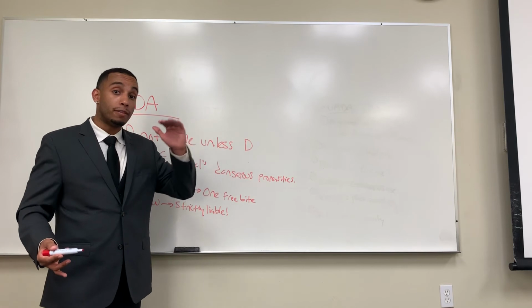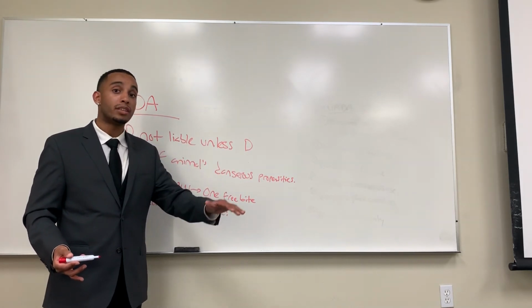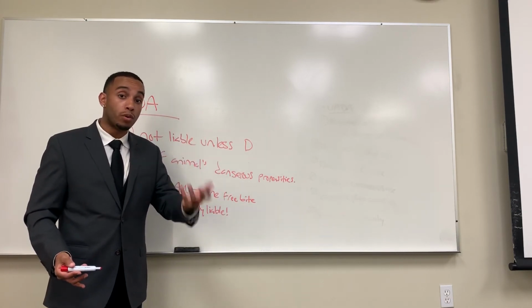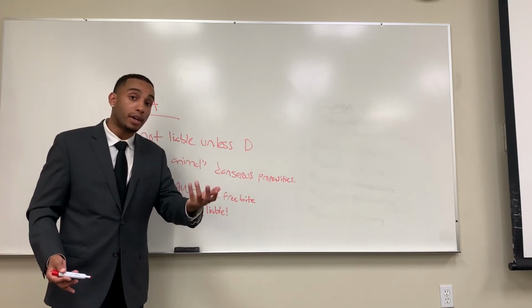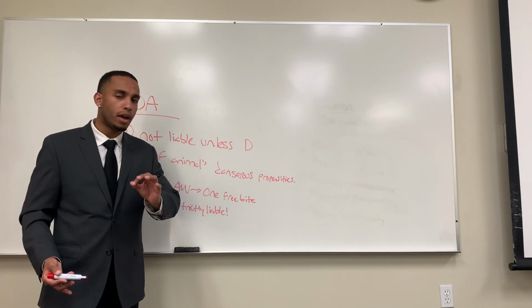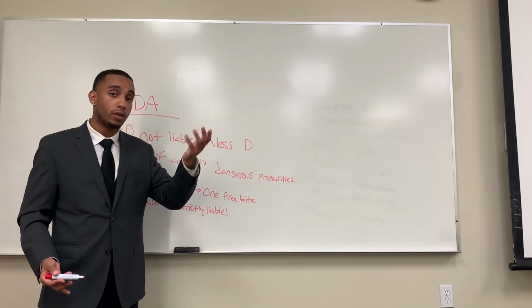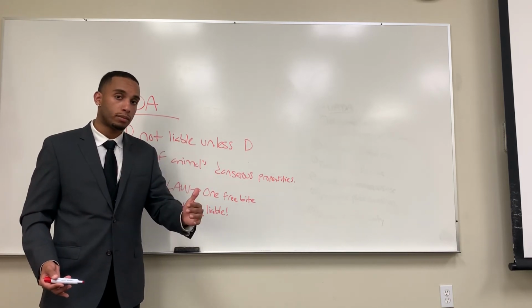The defendant can raise the defense of assumption of the risk because the plaintiff assumed the risk by provoking the animal, thereby allowing the animal to bite the plaintiff's hand. That is an example of a defense that the defendant can raise in order to get out of a strict liability claim that the plaintiff will bring upon him.